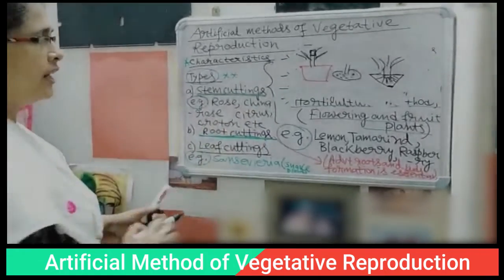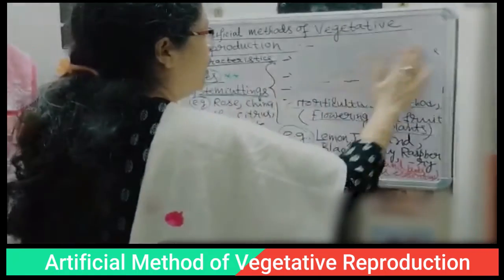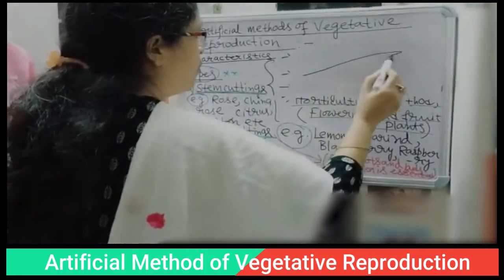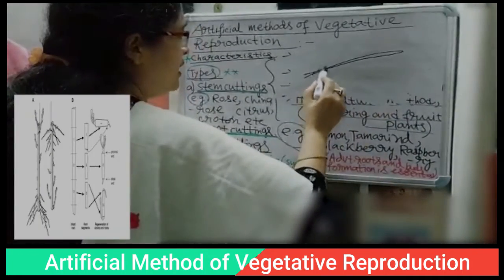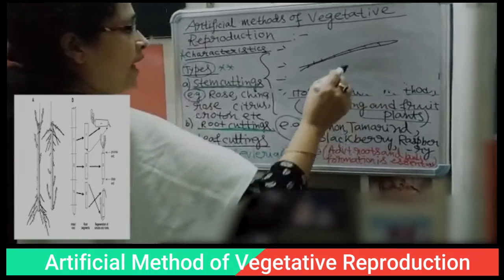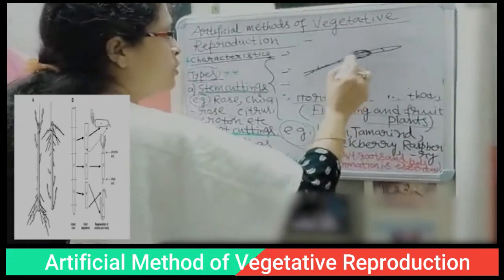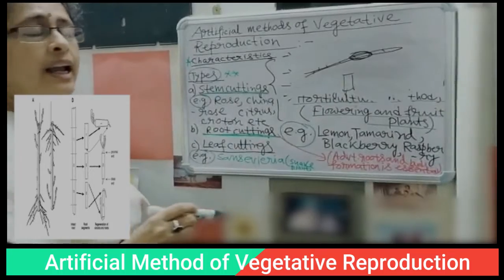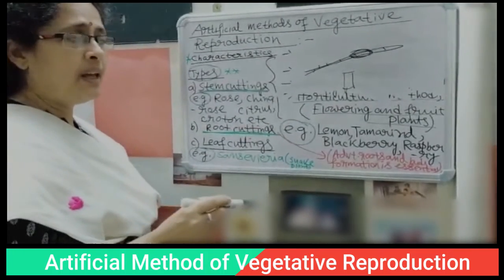Now root cuttings. In the root cuttings method, what happens? We first choose a long portion of a root and cut it horizontally, and each part of these roots is dipped in hormones like NAA, IBA, IAA.